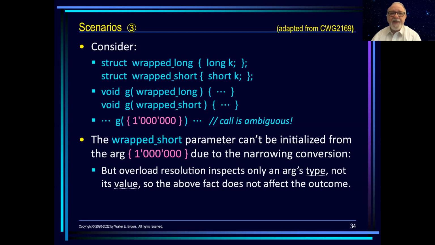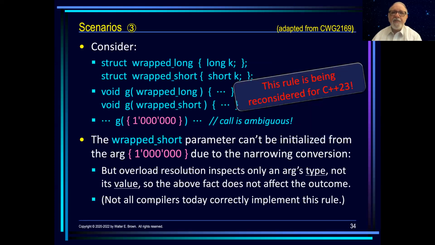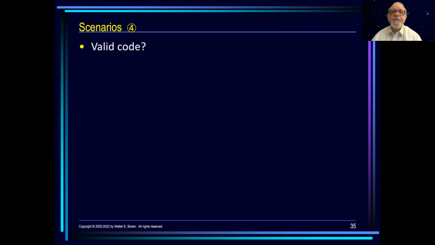So the fact that it can't be initialized does not affect the outcome. And the last time I checked, not all compilers correctly implement this rule. So you may not get the result that I'm claiming here. But you should also know that this rule is being reconsidered for C++23. So this might not be around for much longer. Nonetheless, this is C++20. Next, is this valid code?